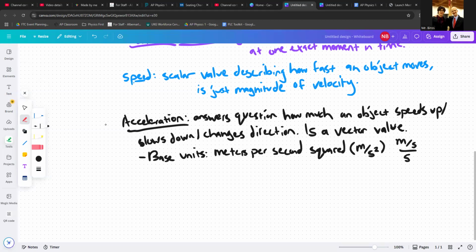And then as that velocity changes in some amount of time, a really big acceleration is if you go from 0 to 60, which is a pretty big change in velocity for miles per hour or meters per second. So you go from 0 to 60 in 0.5 seconds. That's crazy, right? That's a huge acceleration. No vehicle or car that we have would go from 0 to 60 in 0.5 seconds. That'd be insane, and the human body would not appreciate that large amount of acceleration.